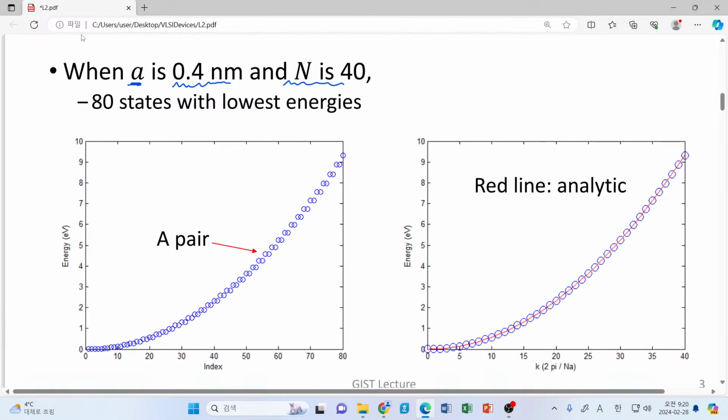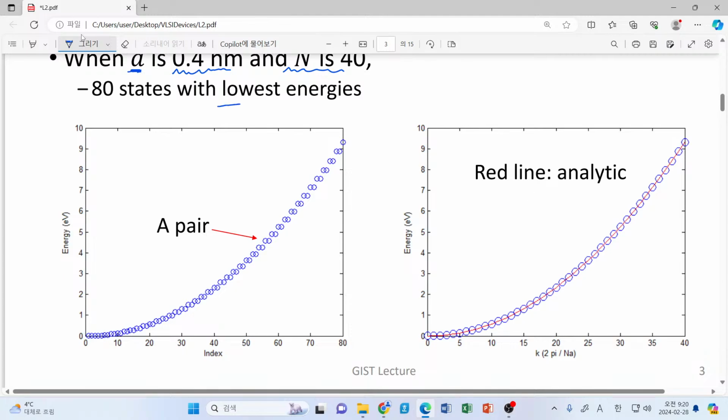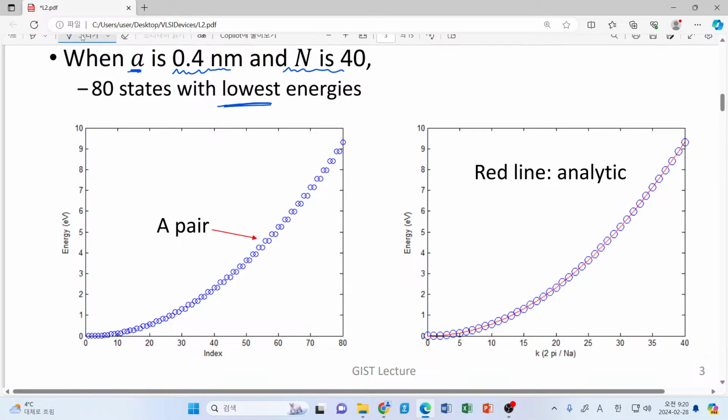Now let's have a look at what happens if I solve it with the computer. Then you get so many different energy levels, but since we are more or less interested in the lowest energies, the states whose energy value is quite low, I just collect 80 of them.